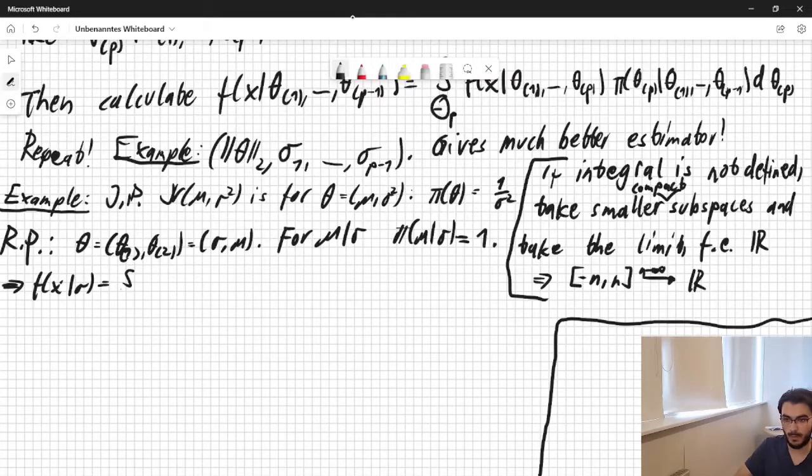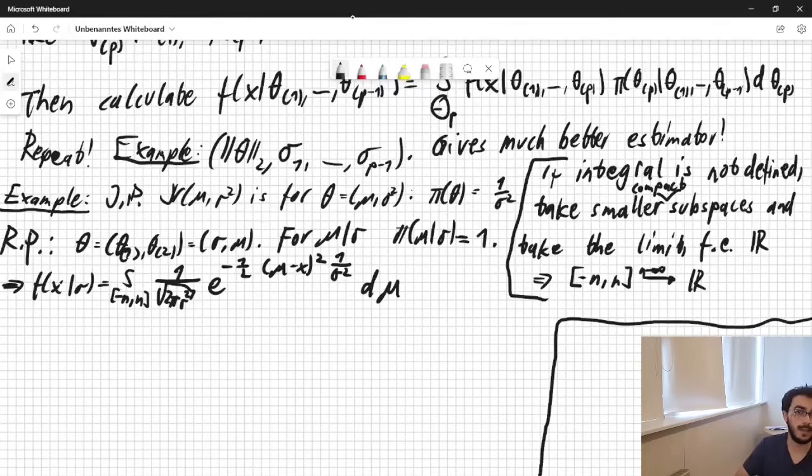So this here over the compact subset -n to n of 1 over the square root of 2 pi sigma squared, e to the power of -1/2 (mu minus x) squared, times 1 over sigma squared. This integral, we can calculate it, but maybe we don't want to.